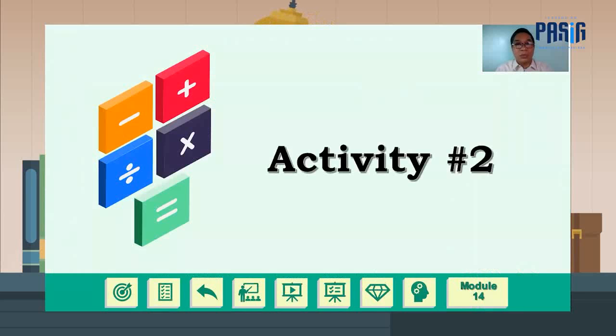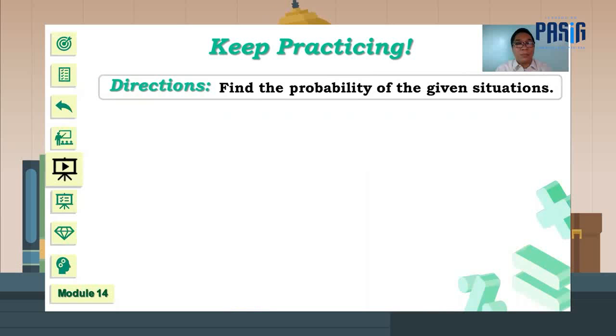For your activity 2, keep practicing. Find the probability of the given situation.